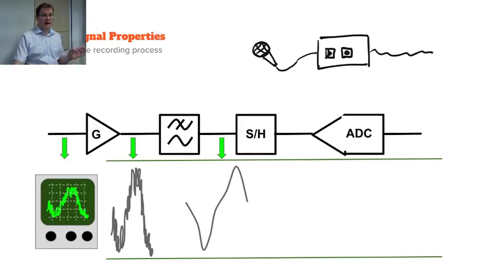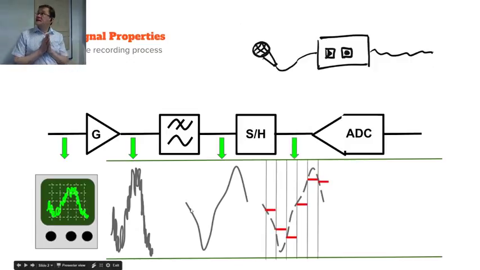If there are frequencies higher than the sampling rate divided by 2, you have to reduce those. That's the anti-aliasing filter, a low pass filter before sampling. At that step we have a sampled analog signal. So now we have discrete time, but we still have continuous values. The value can be anything, it's analog.